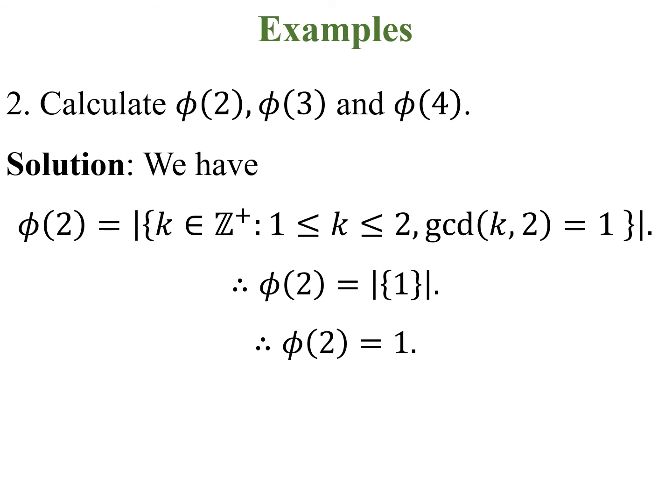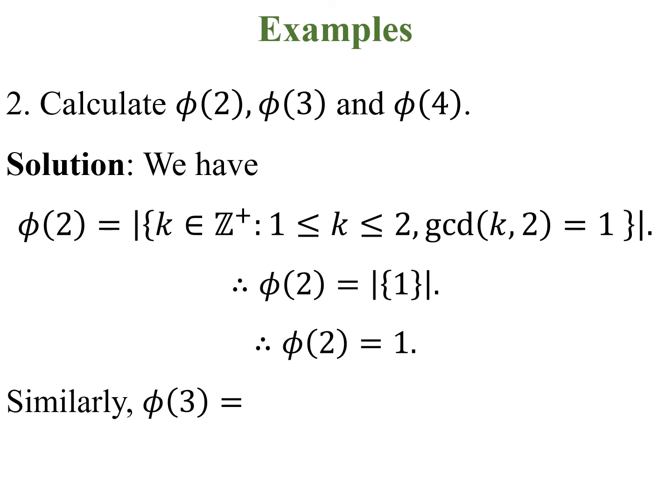Now to find phi of 3, how can we get? Phi of 3 is equal to again the set of those integers which are greater equal 1 and less equal 3 and whose GCD with 3 is 1. Now the only positive integers greater equal 1 and less equal 3 are 1, 2 and 3. GCD of 1 with 3 is 1. GCD of 2 with 3 is 1.